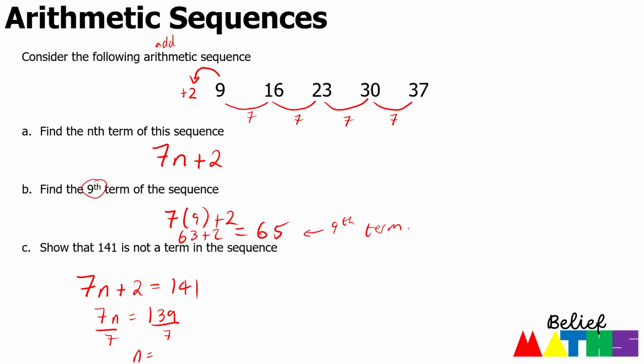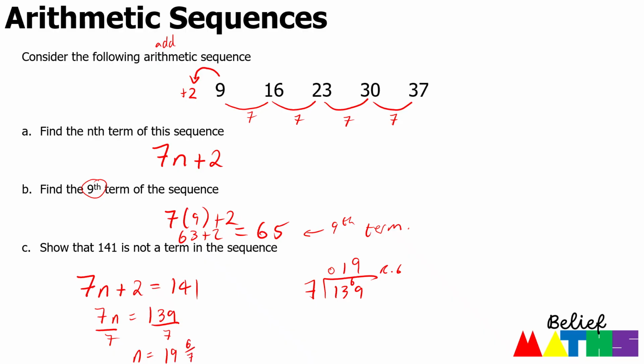So n equals. So if we then do a little bus stop, 7 into 139. 7 into 1 doesn't go. 7 into 13 goes once, remainder 6. And 7 into 69 goes 9 times, remainder 6. And because there's a remainder, this is essentially 19 and 6/7.